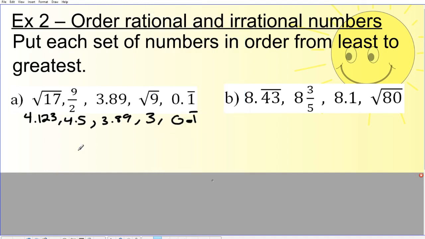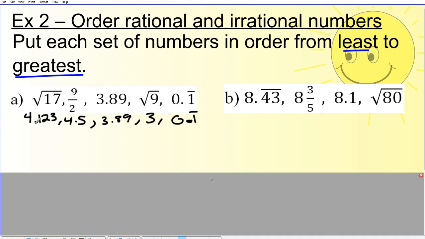All right, so now we have them all in order. I'm sorry, I lied. We have them all as decimals. We need to put them in order. So we need to figure out which of these is the smallest. We're going from least to greatest. When you're comparing decimals, you always look at the whole number first.